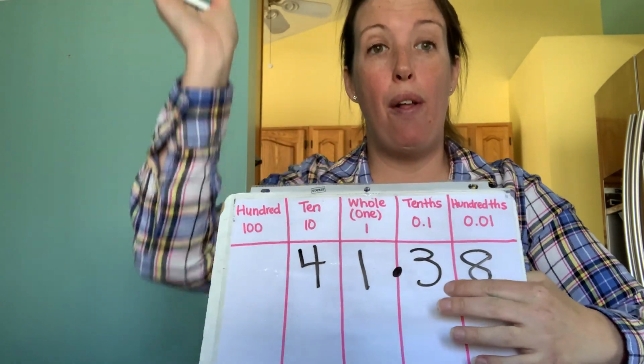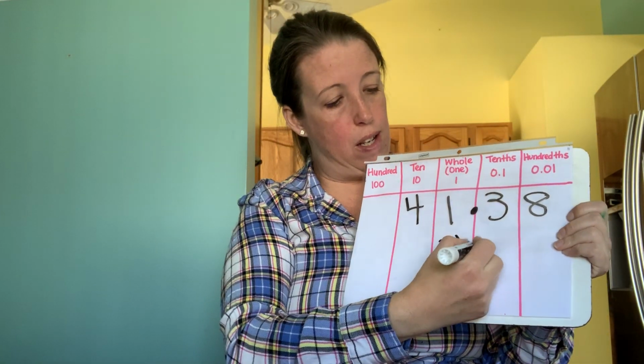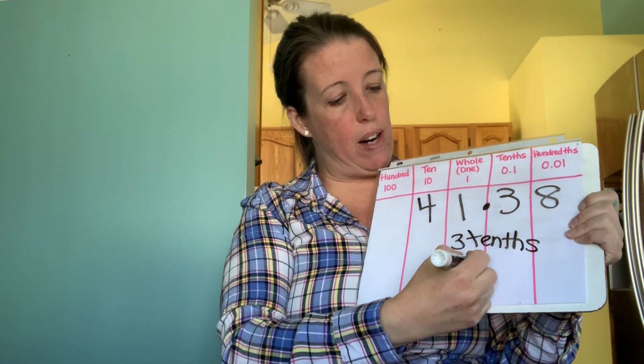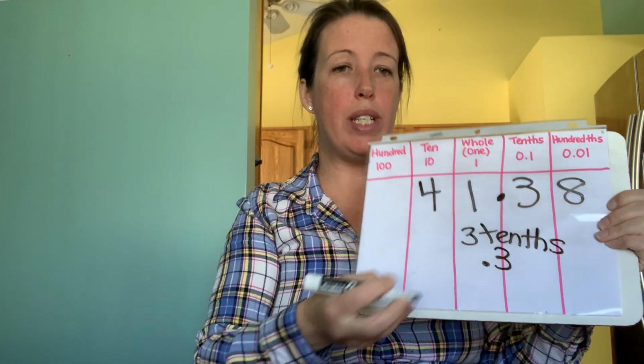What's my digit? 3. What's my place? Tenths. 3/10 equals 3/10. So I could write it like this. 3/10. Or I could write it like this. 3/10 or 0.3 has a value of 3/10. All right.